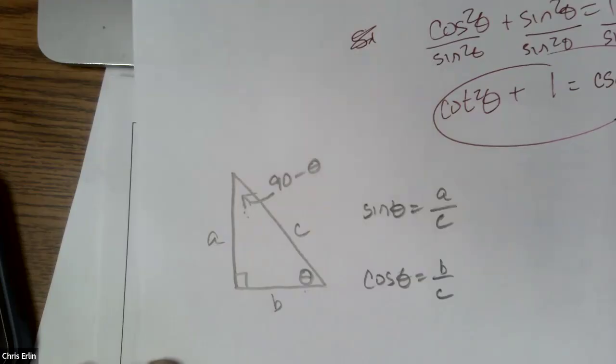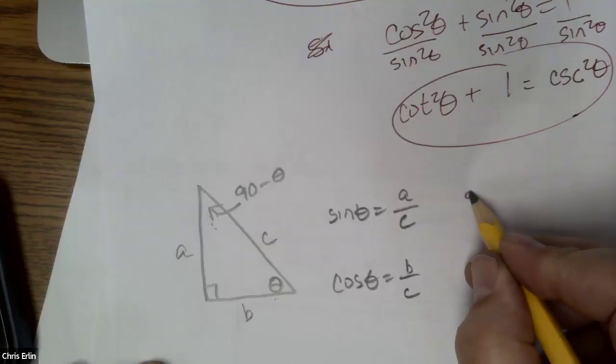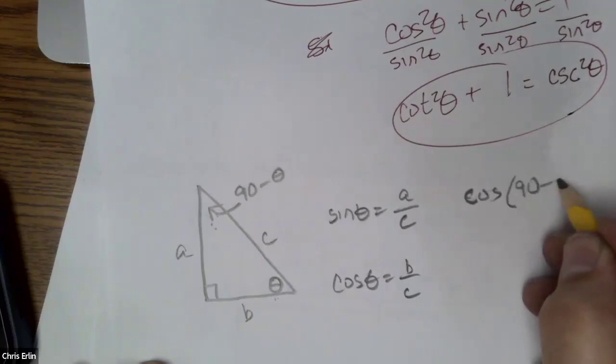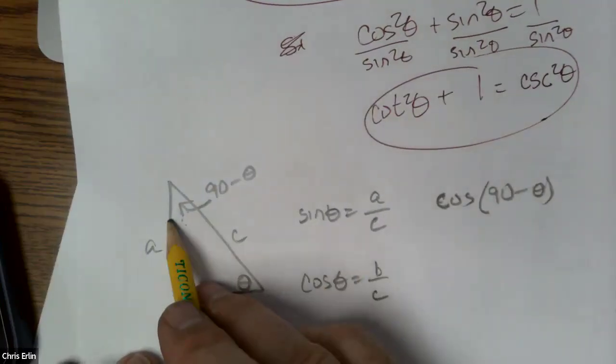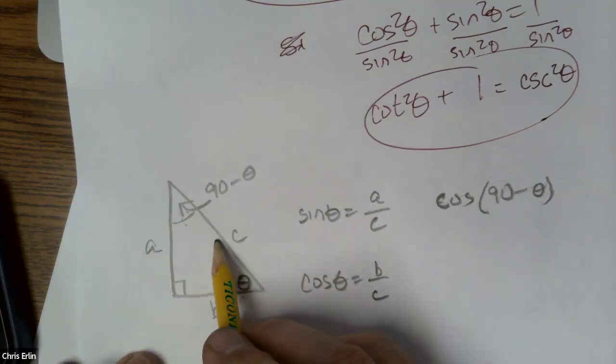Right? Now, what if I wanted to find the cosine of 90 minus theta? Here's 90 minus theta. Cosine is adjacent over hypotenuse.